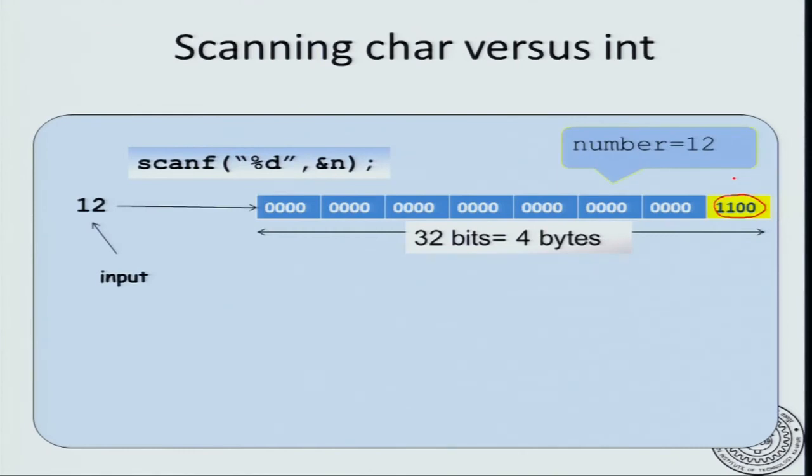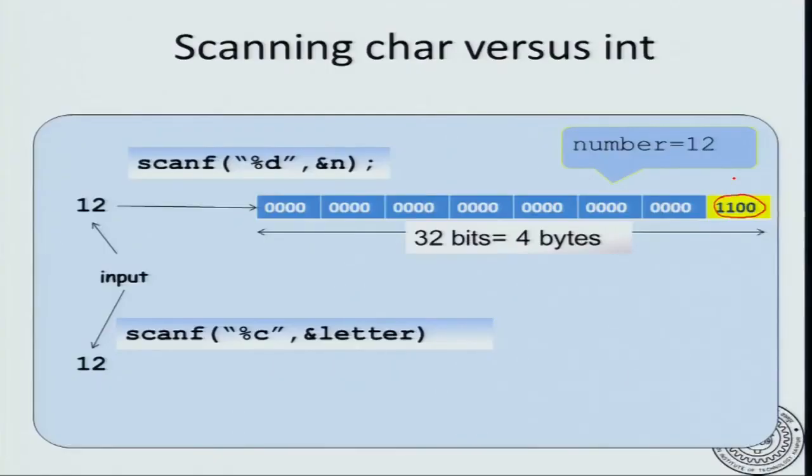So, when you say that the input is 1, 2, and then in the C program I am doing scanf percentage d and n, what will happen is that n is an integer with 32 bits wide, and it will have the following pattern encoded into it. This is what it means by scanning an integer. And if you try to print it out, it will interpret n as a decimal number, and it will print the number 12.